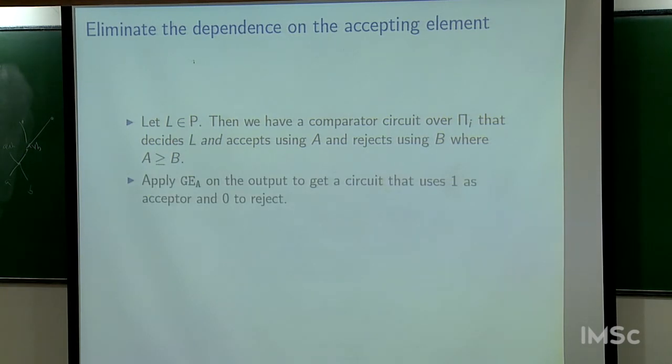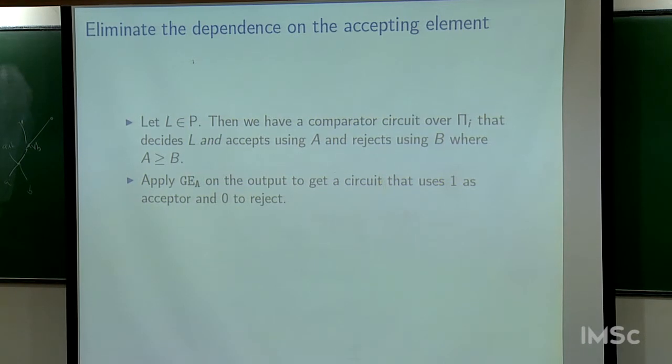If you apply this formula on the output of that comparator circuit, then we will get either 1 or 0. So we have converted that A or B to 1 or 0.